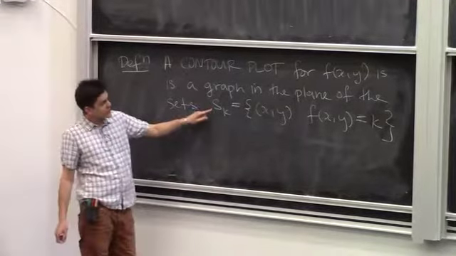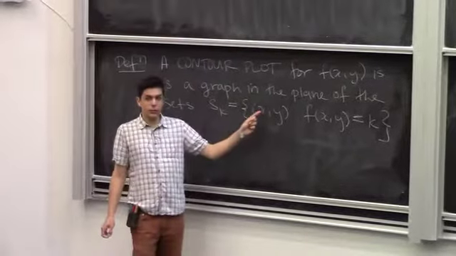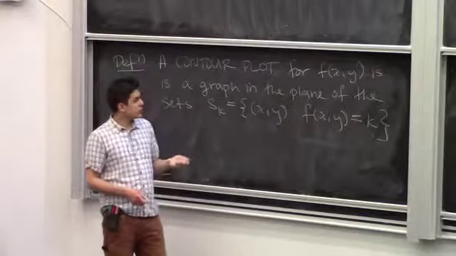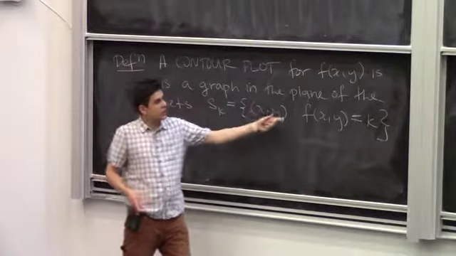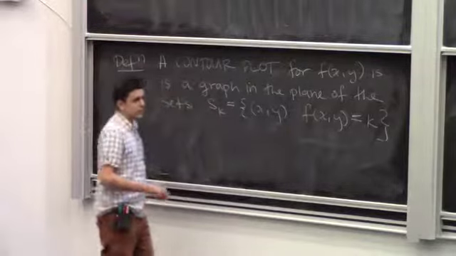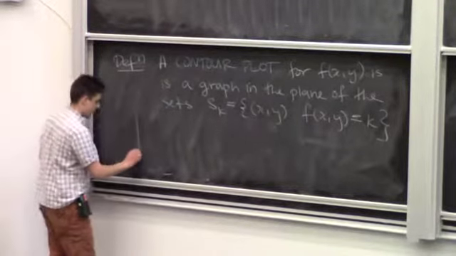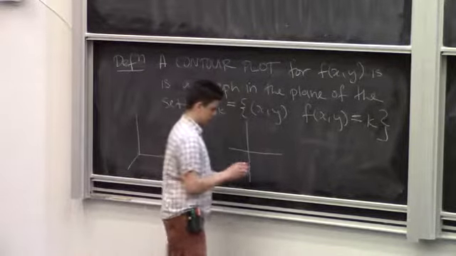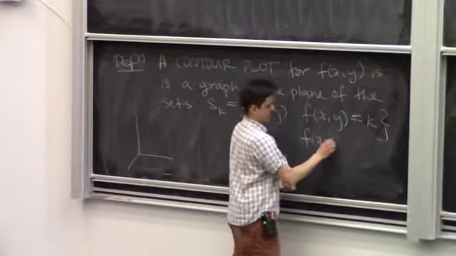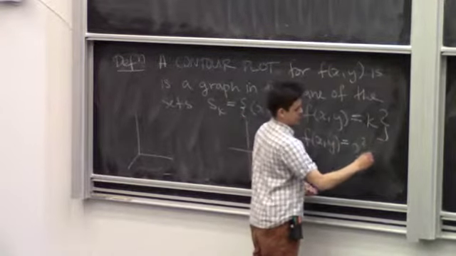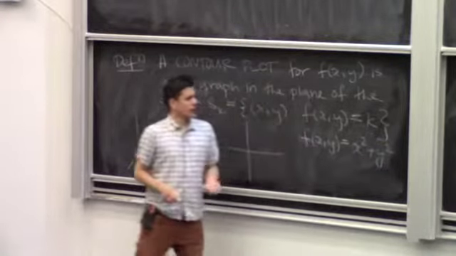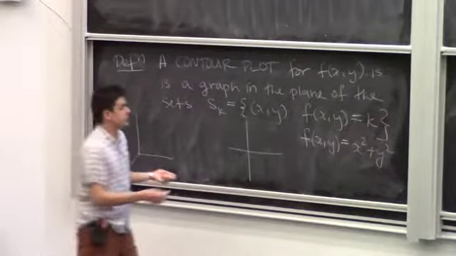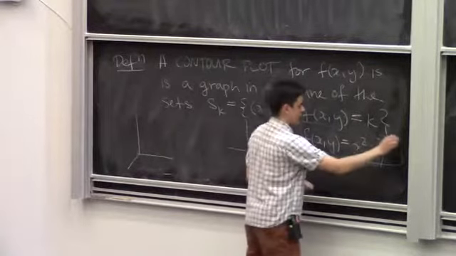Okay, so we call S sub k the set of all inputs where a function outputs k. All right, so we look at the points in the plane where a function would output k. So let's have a look at what that would look like. Okay, so let's suppose that our function is x squared plus y squared.